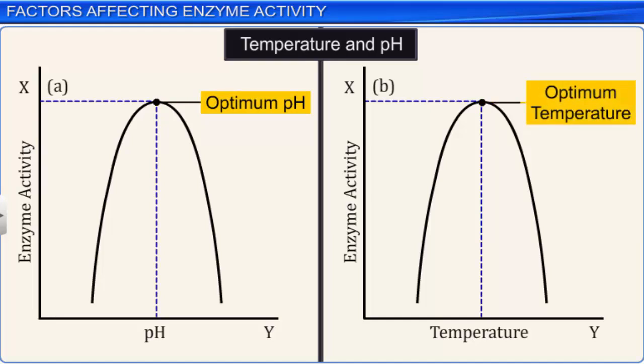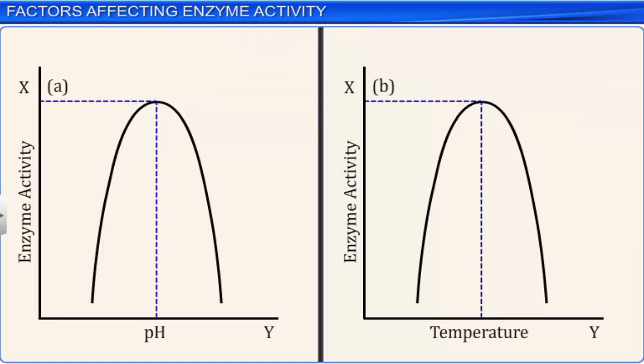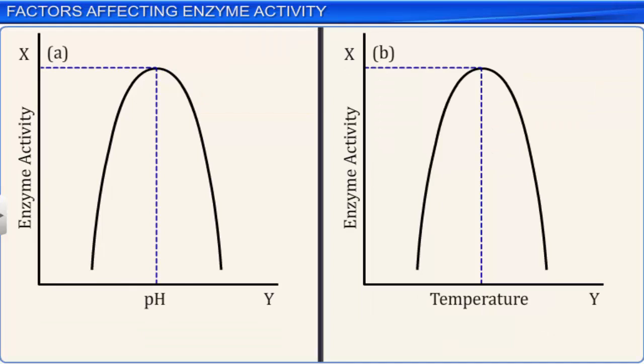These following graphs depict the impact of change in pH and temperature on enzyme activity. As shown by the graphs, enzyme activity increases steadily with an increase in pH and temperature up to the optimum pH and optimum temperature.